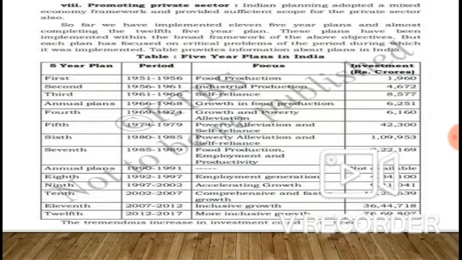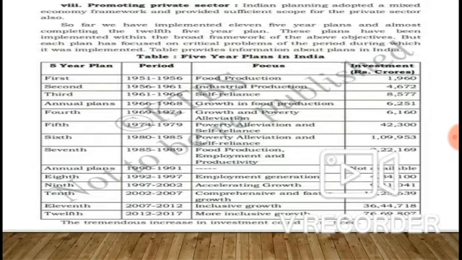The table provides information about plans in India. The five-year plan in India, also called Panchashila Tattva. The first plan starts from 1951 to 1956, focused on food production. The second, industrial production.